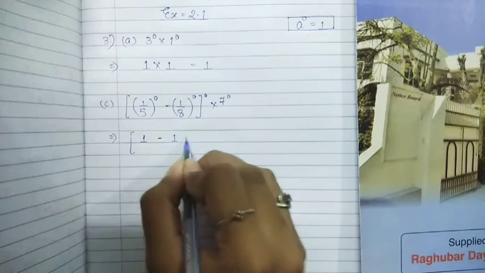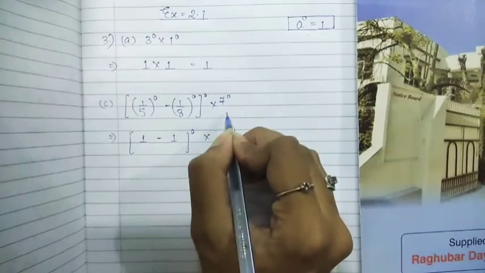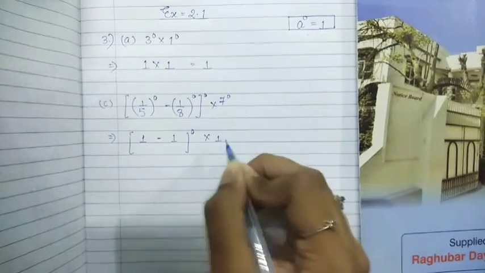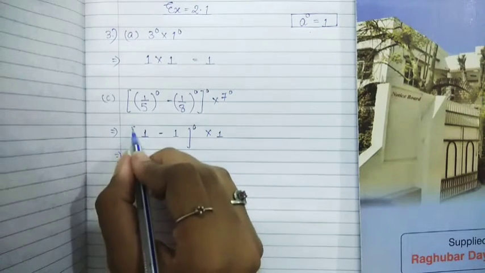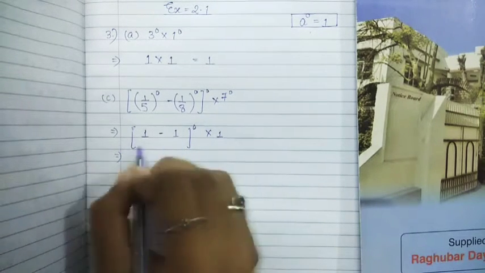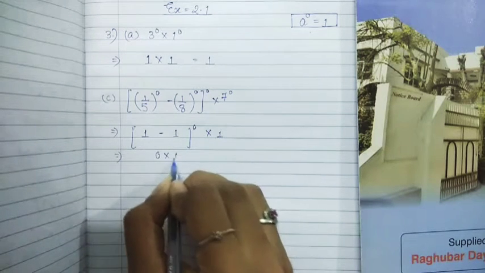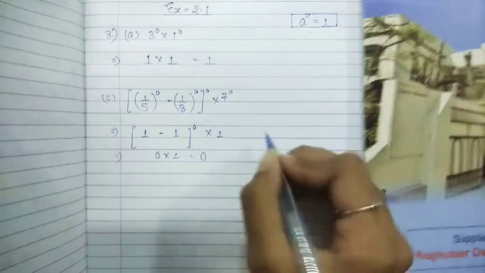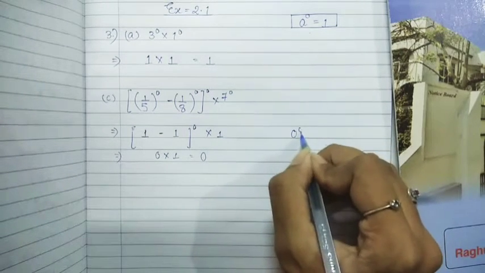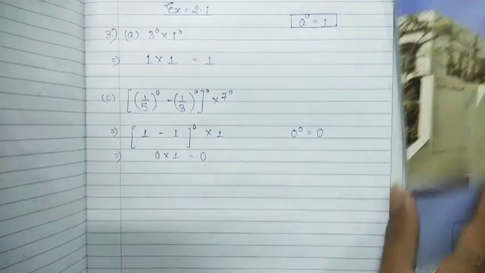Minus 1 power 0, multiply, and what about this? This is also value 1. As you can see, we will solve first 1 minus 1. What do we have? 0, and multiply 1 gives 0. Okay, 0 to the power 0 gives 0. It is clear to all.